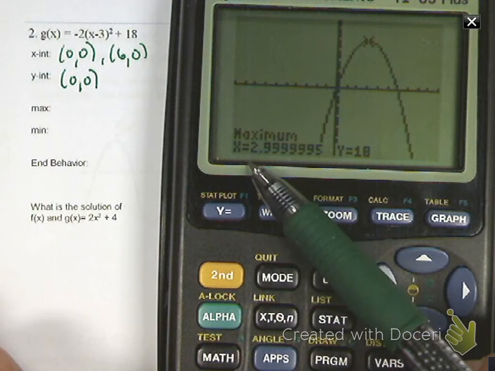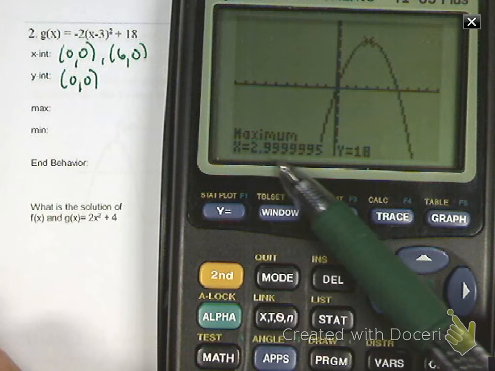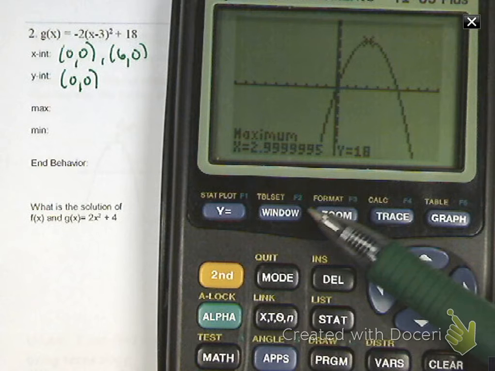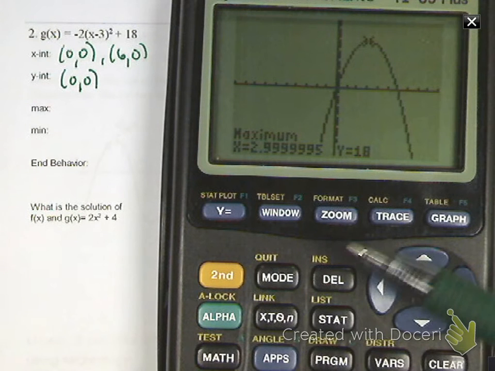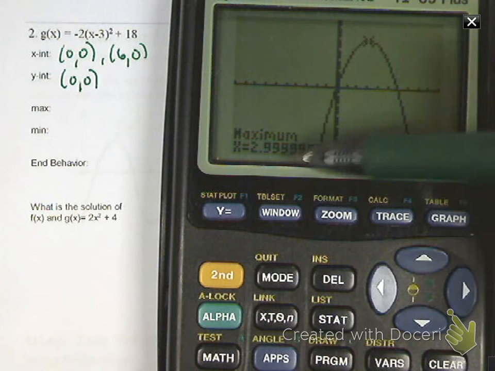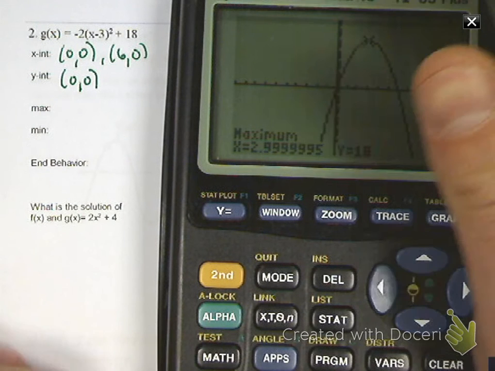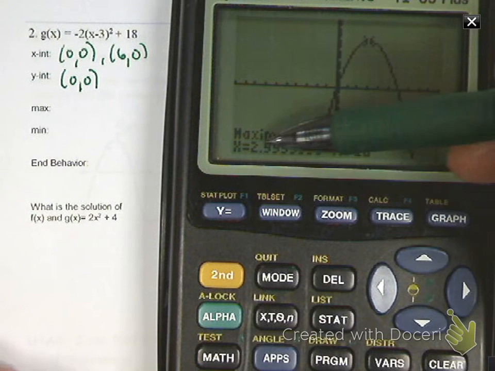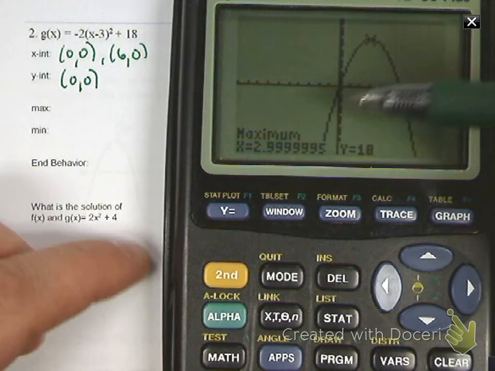The maximum is 2.9 repeating, but we should know that is what the calculator gives us, but it's really just 3. It's 318. There's a minor error in the calculator, but it's enough to throw this number off. So it's not 2.9 repeating. It actually is 318.